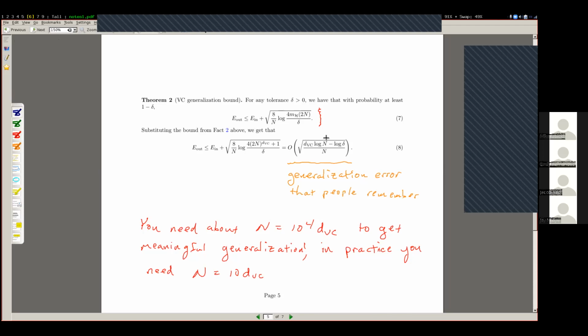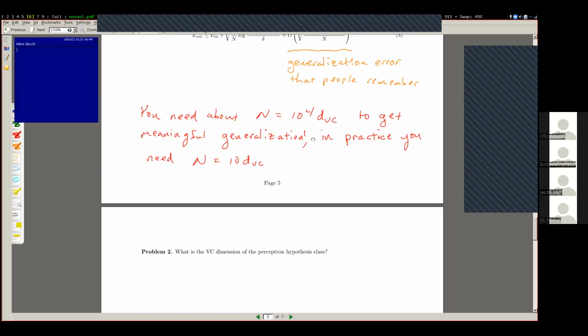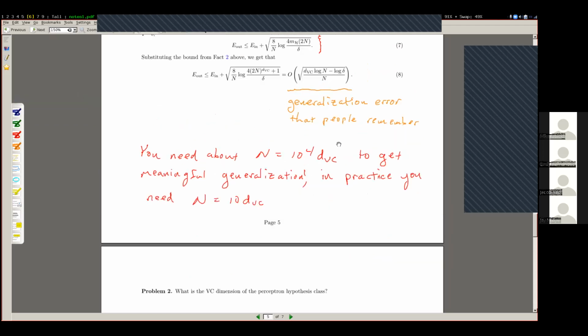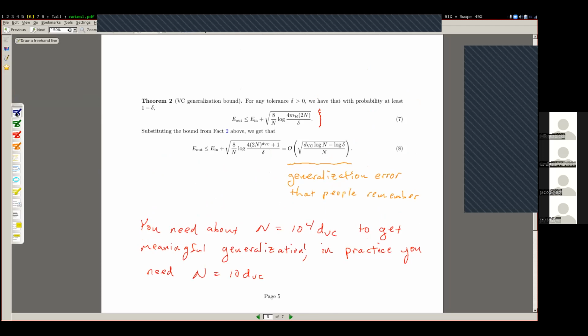In this bound right here, I've ignored that log factor. It turns out that log factor is actually unnecessary.